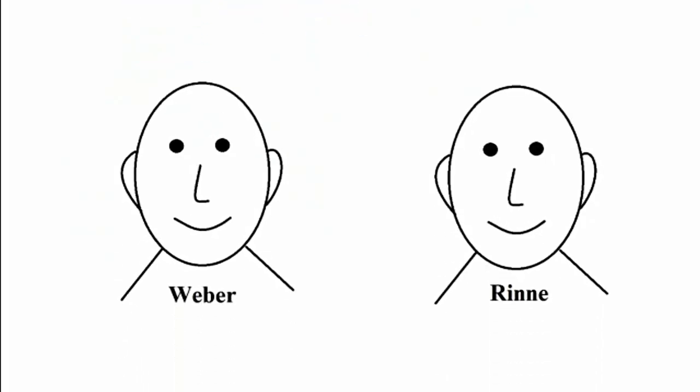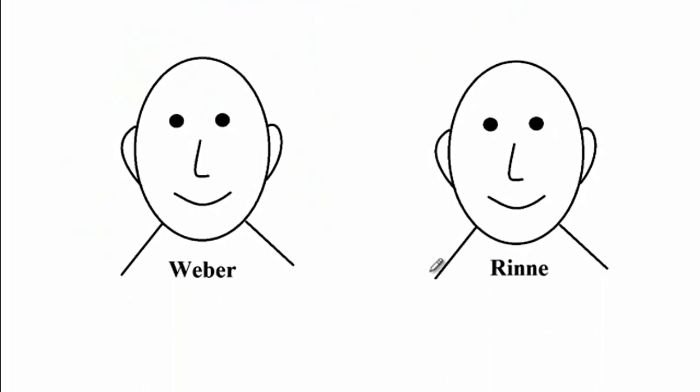And then finally, I would like to describe the Weber and Rinne tests and how to interpret them to help distinguish sensorineural from conductive hearing loss. With the Weber test, you place the tuning fork on the vertex of the patient's skull. Normally, vibrating sounds travel better through the air than through the bone. So in normal ears, since they both hear normally, the patient will localize the sound in the middle.